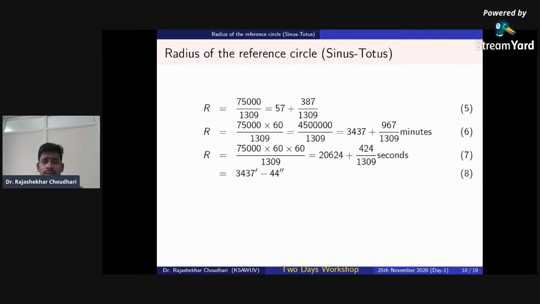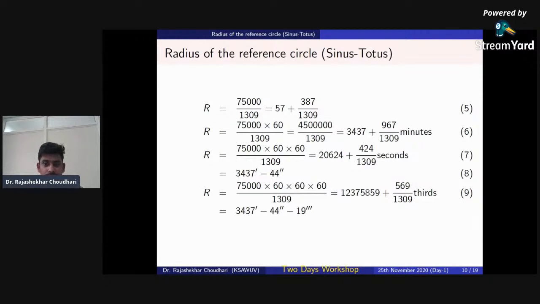If I still go on reducing this in terms of thirds, I get 75,000 multiplied by 60 three times, divided by 1309, which on further simplification gives the final value for R as 3437 minutes, 44 seconds and 19 thirds.